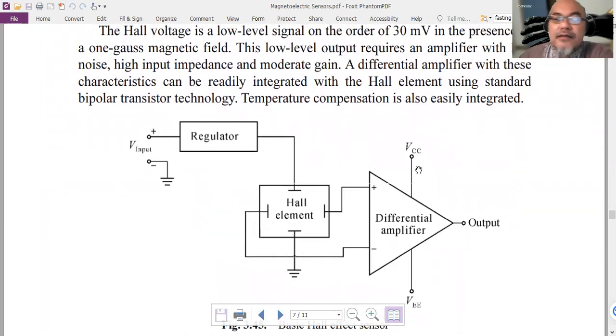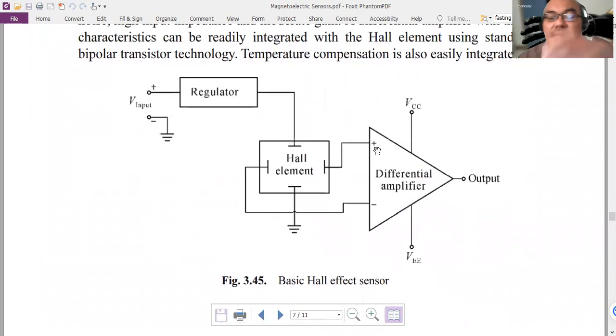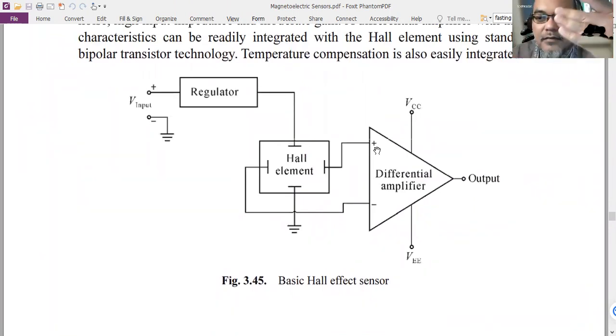This can be implemented using standard bipolar transistor technology. That's why it can be easily integrated into an IC, and therefore it is widely used in the smartphone compared to an electromagnetic induction sensor, which requires a big structure.